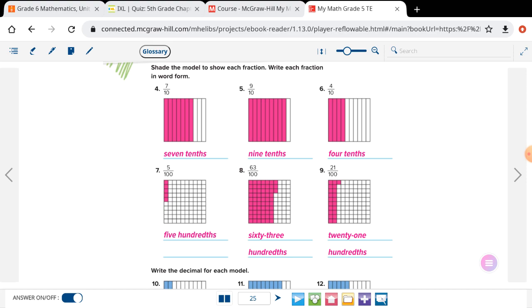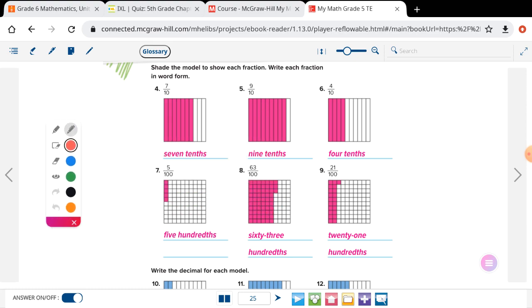Now that number 3 on the other page can help you figure out how to shade number 8 and number 9, because 63 hundredths is 6 tenths, which means 6 full rows, and then 3 extra, like 3 hundredths, 3 of the extra little boxes. Who can give me the decimal for number 6?